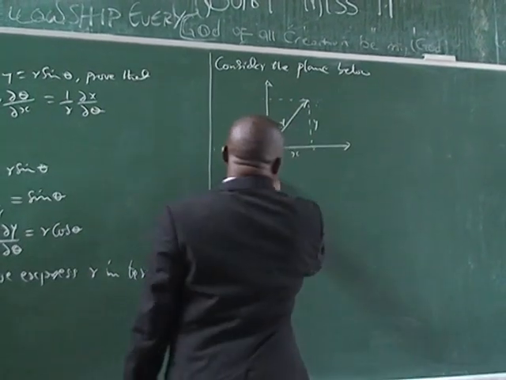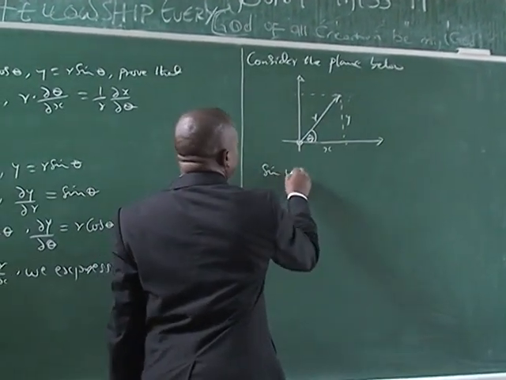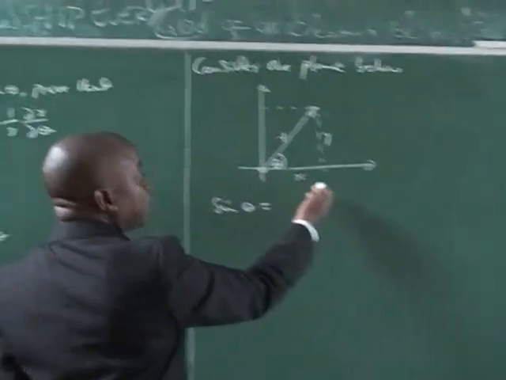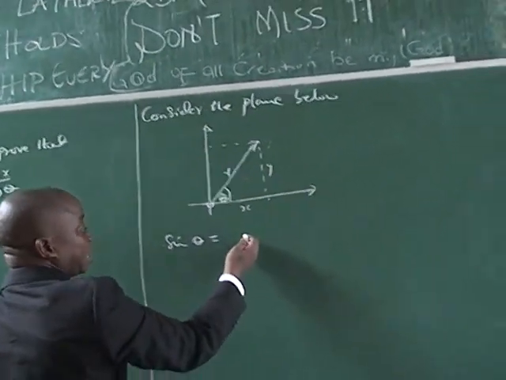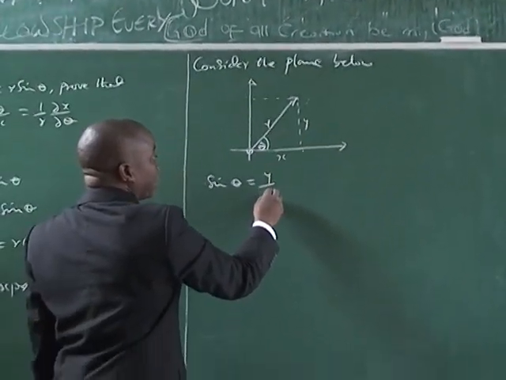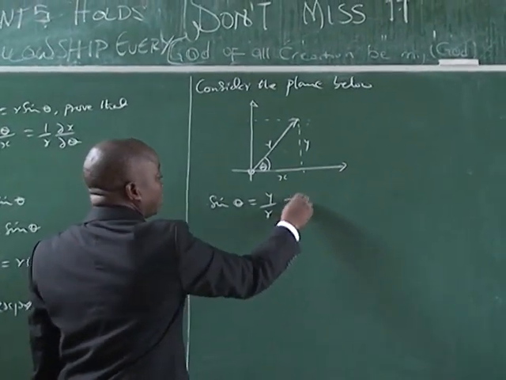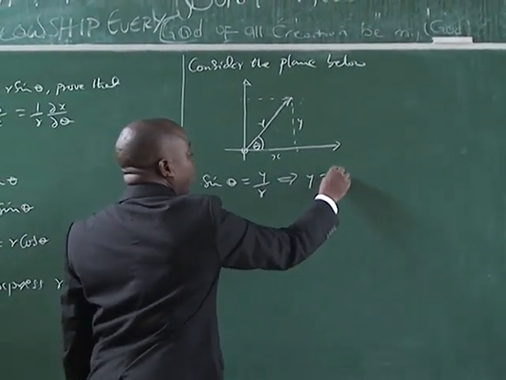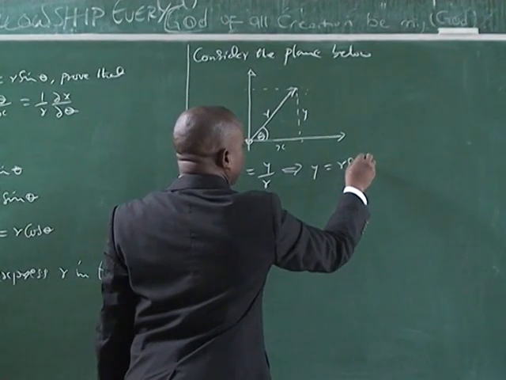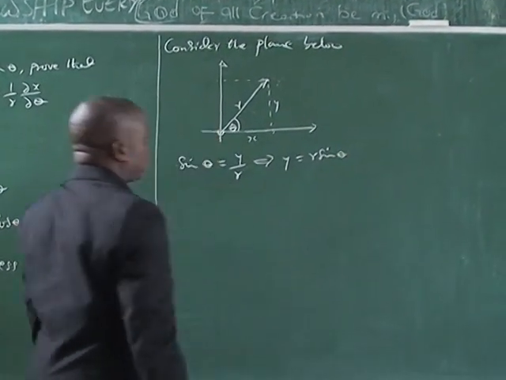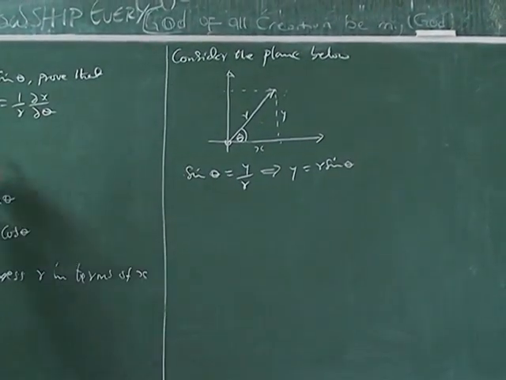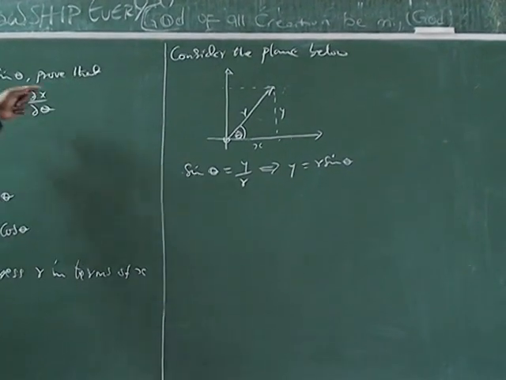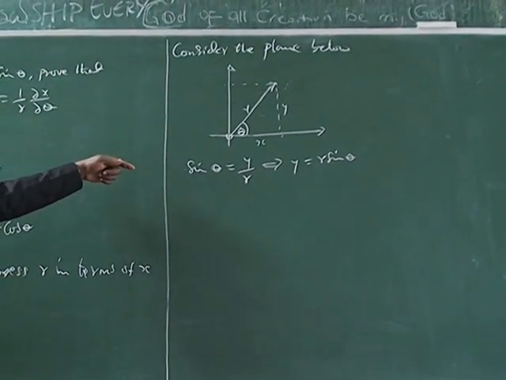Now what it means is that sine theta is equal to opposite over hypotenuse, which is y all over r, and so that implies that y is equal to r sine theta that we had already.